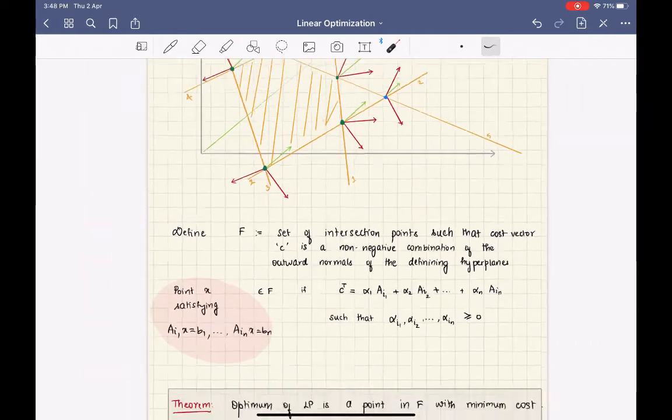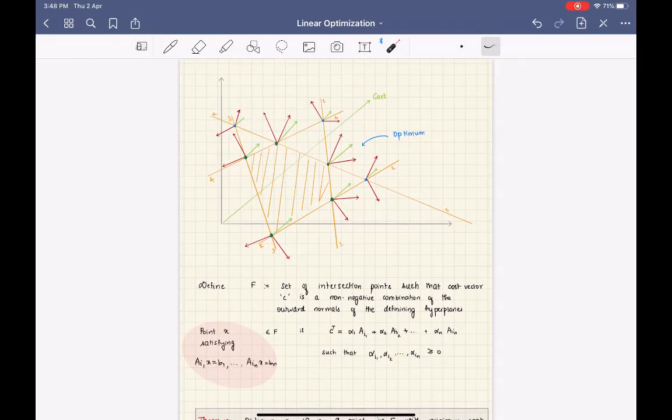Let me illustrate this. Among all these points, first of all, our required optimum is in F because it satisfies this constraint. There are other intersection points in F, although they may not be feasible. Now among those points, it turns out that the one with the smallest value of the cost is the optimum.